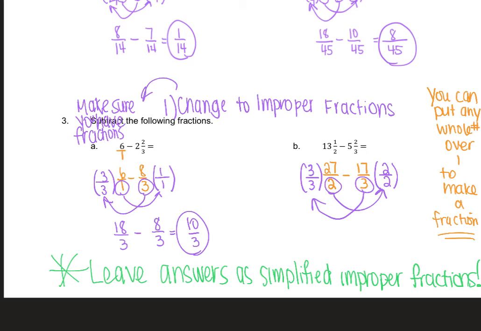I'm going to get 81 over 6 minus 34 over 6. So I definitely have a 6 on the bottom. And when I subtract 81 minus 34, 47. 47 over 6, that is not going to simplify because 47 is a prime number.